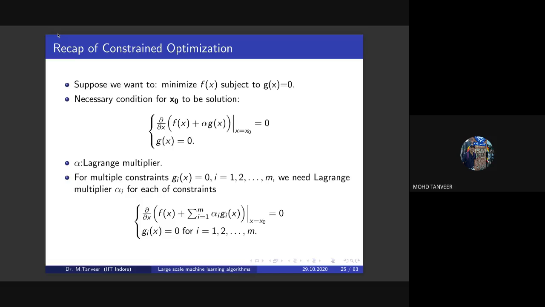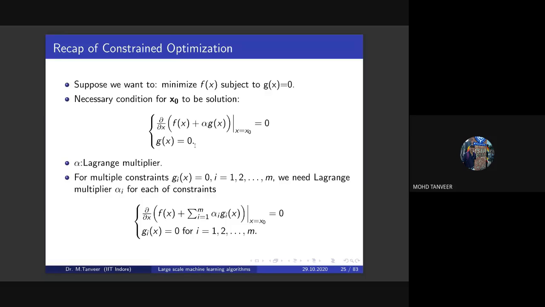The necessary condition for x naught to be a solution of this optimization problem is that the partial derivative of f(x) plus alpha times g(x) should be 0 at x equal to x naught, and the constraint g(x) equal to 0 remains as it is.